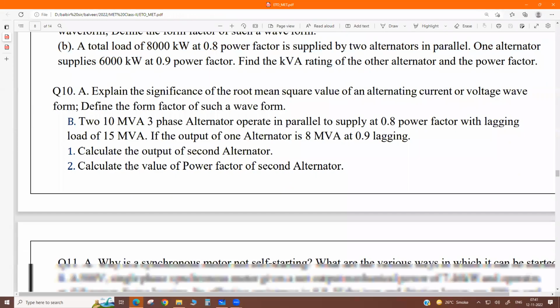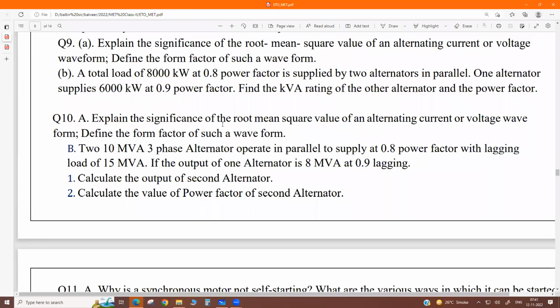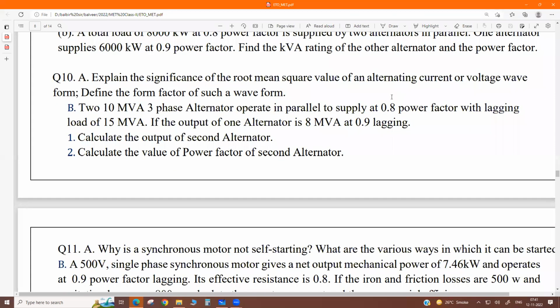Now next, here again the same question. Now we are load sharing: 10 MVA, 3-phase alternators operating in parallel, supplying a 0.8 power factor lagging load of 15 MVA as the total load.